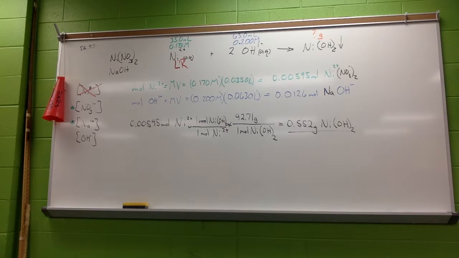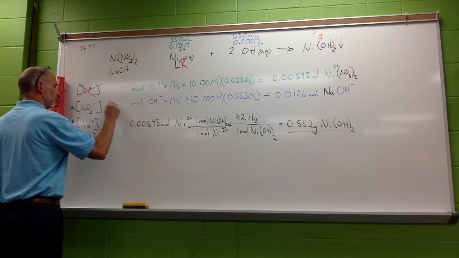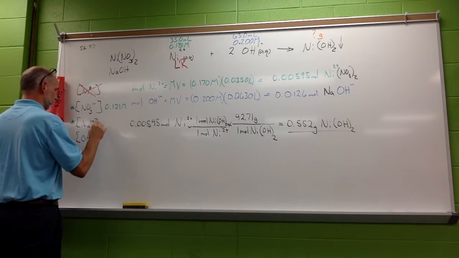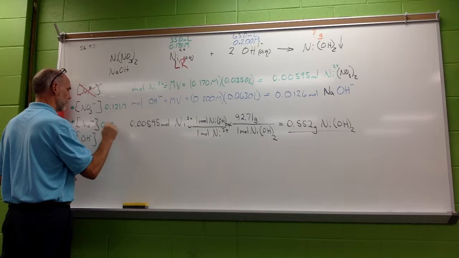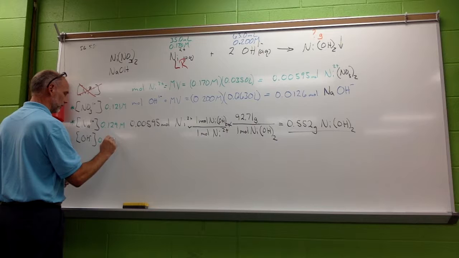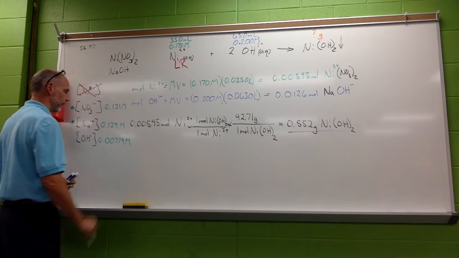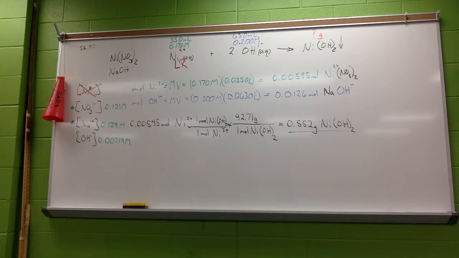I got 0.129. Yeah. What was the answer for nitrate? 0.181 molar. Whoa, wait a minute. What was it again? 0.121? 0.129. And 0.0074. I didn't get the first one. I don't understand why. What's your final volume? 0.098.